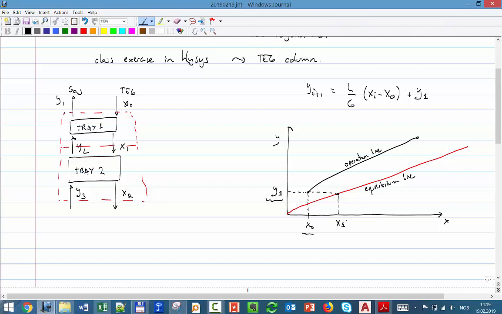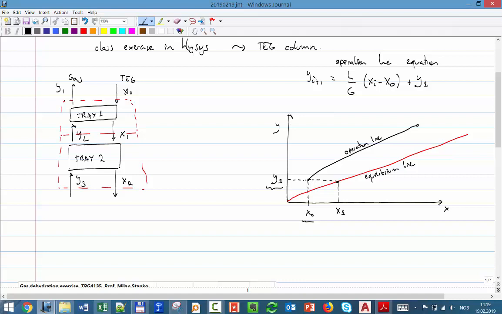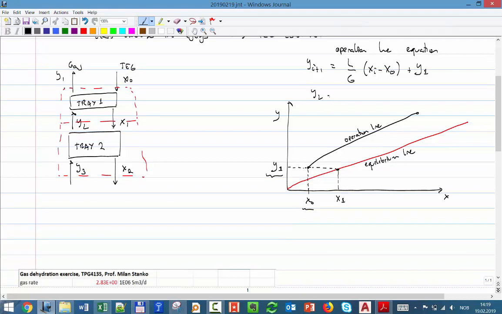Now we know that according to the operation line equation, if we apply it for x1, y1, that tells you actually that this will be y2. That is the gas that is leaving the second tray. If you have now a third tray, what do you have?